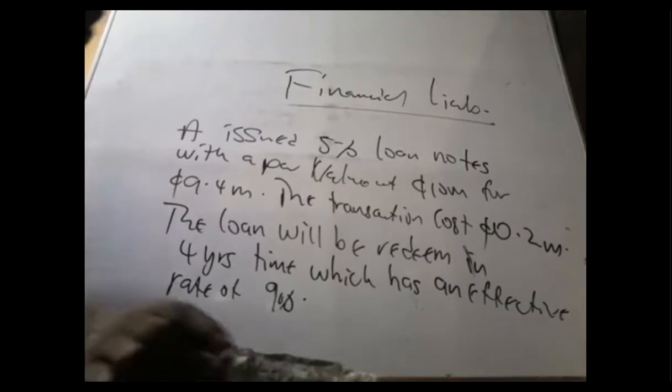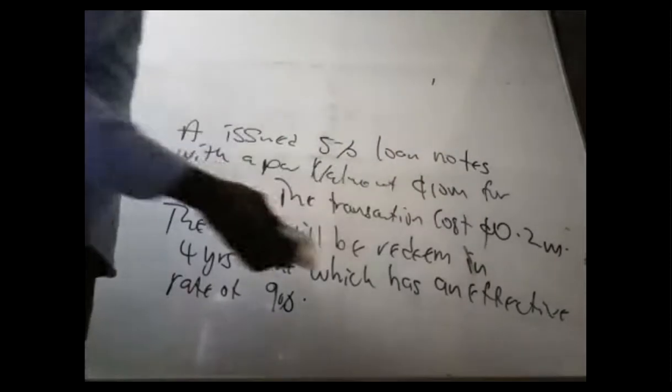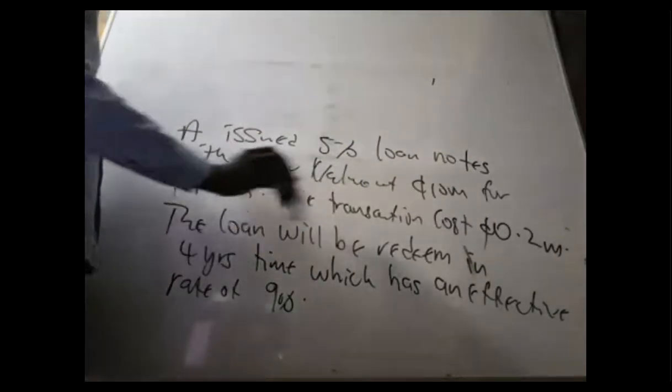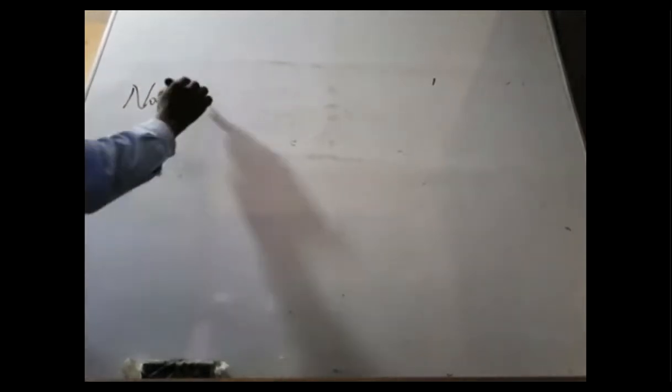So that is what the examiner wants. Let me summarize the question on one side, if I can remember the figures. Par value or nominal value of the loan is 10 million.